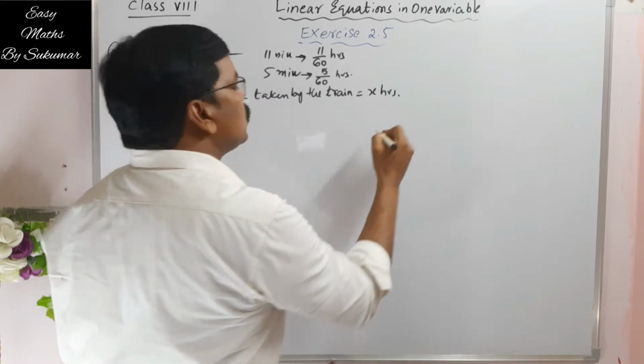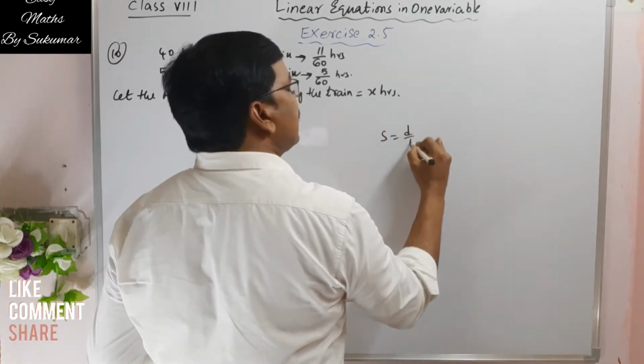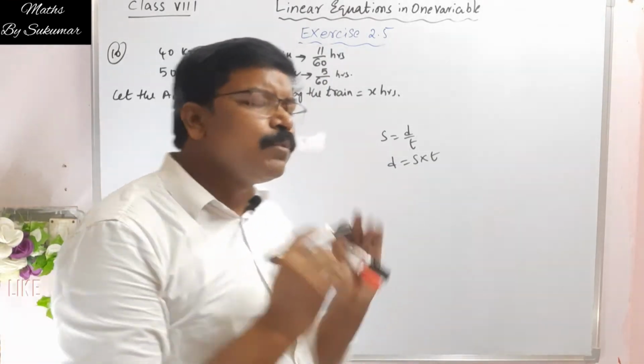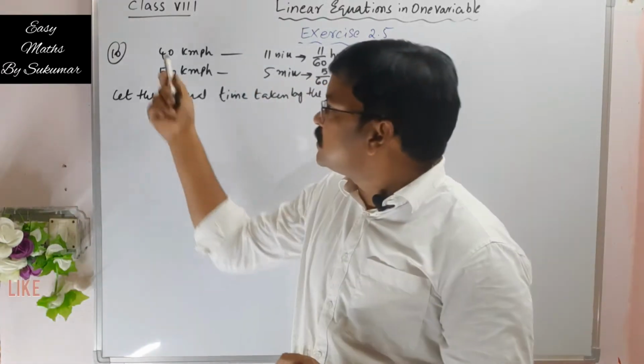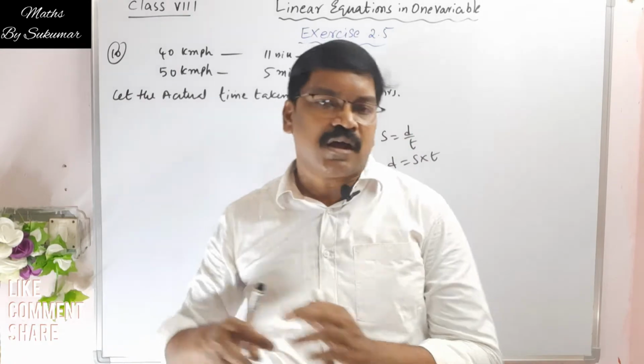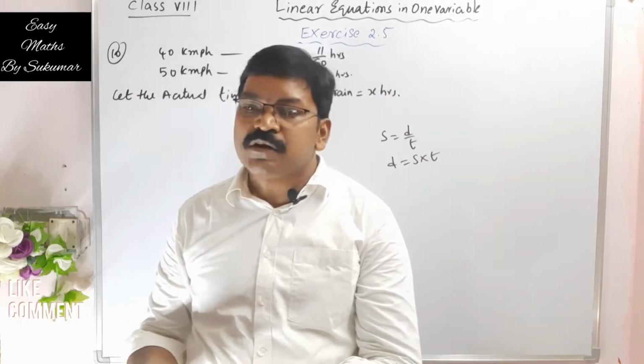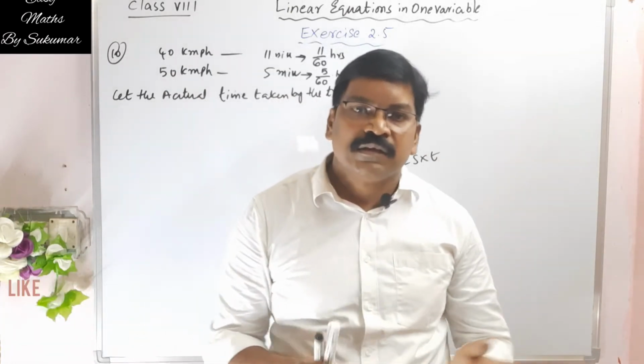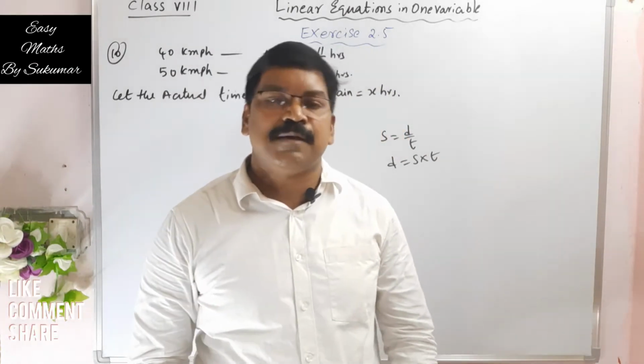See, my dear students, you know the speed is equal to distance by time, but distance is equal to speed into time. In both the cases, whether it runs at 40 km per hour or if it increases the speed, here actually increased to 50 km per hour, the distance covered by the train is same.